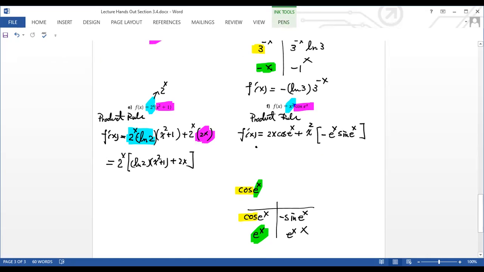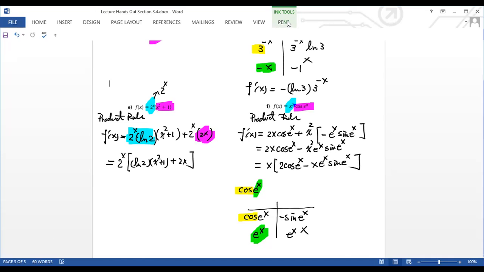Okay, so now this will be 2x cosine e to the x minus x squared e to the x sine e to the x. Anything I can simplify a little bit? Not much. I can take the x out. So this is a 2 cosine e to the x, right? Then minus x e to the x sine e to the x.